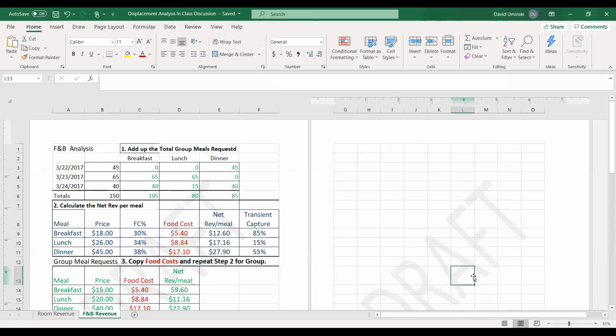The groups are going to, based on whatever is happening, whatever functions they particularly need, request a certain number of meals: breakfast, lunch, and dinner. So for this example, we might look at this and see they're not going to have any breakfast on the first day because people probably aren't there yet.